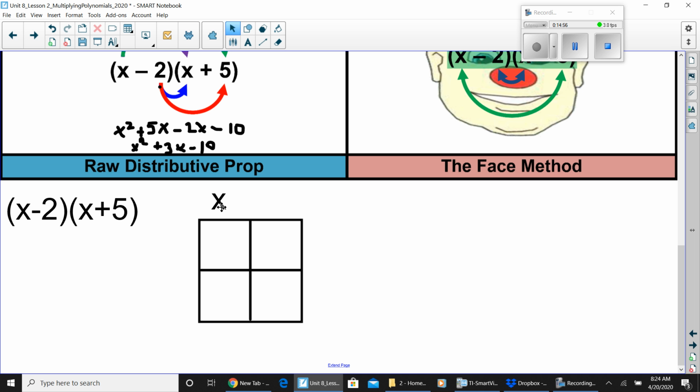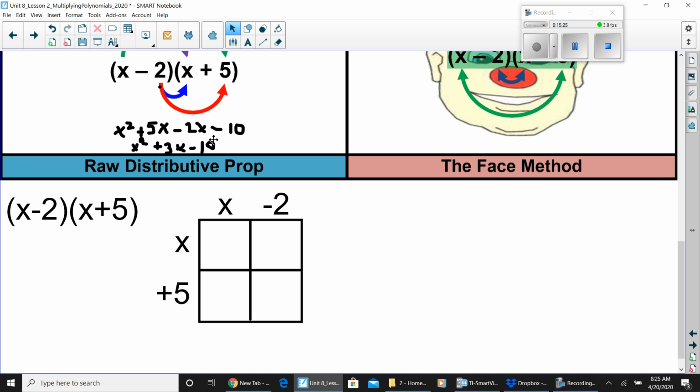So what I do is put x on top of that first square, and put minus 2 here. And then I put x on the side, right next to this square, and you put a plus 5 next to this one.